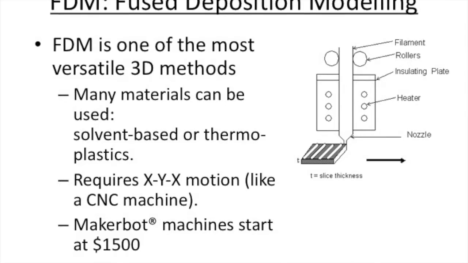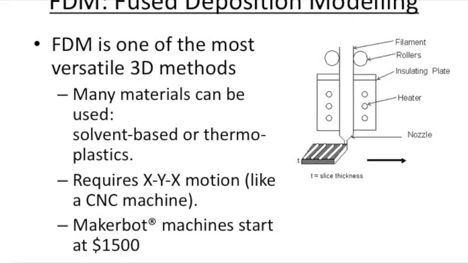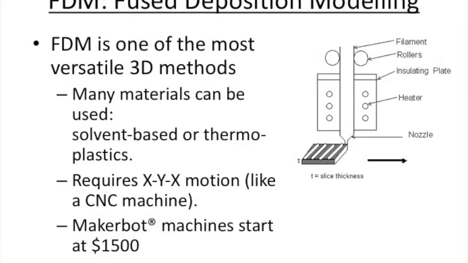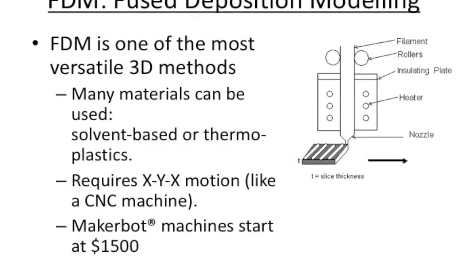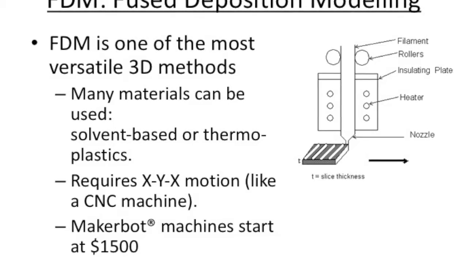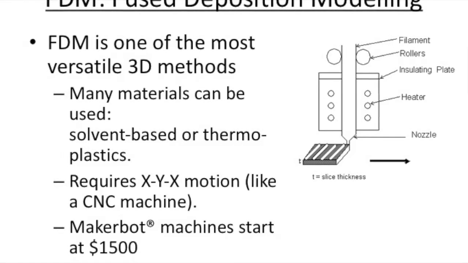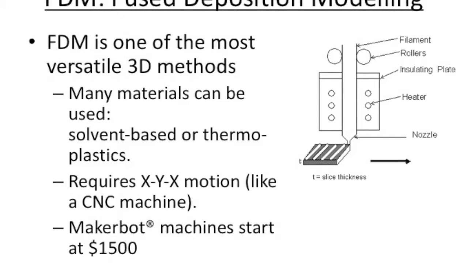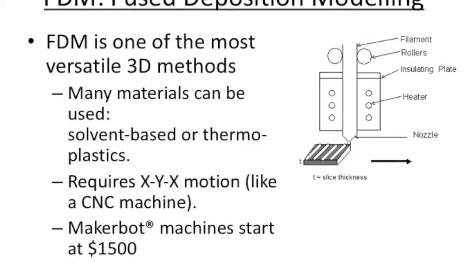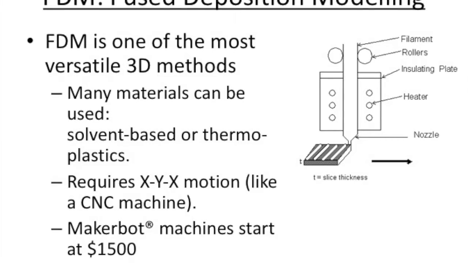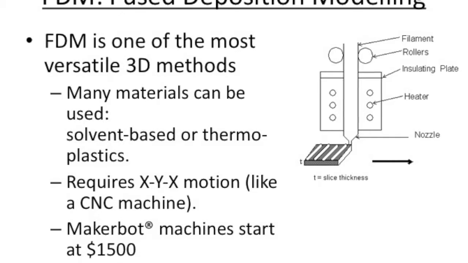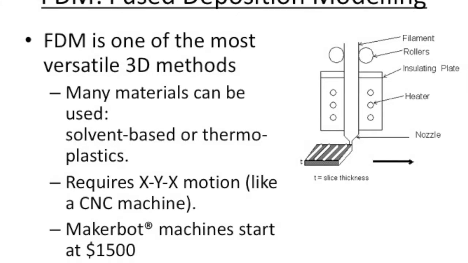FDM also requires a motor to help it move in the X, Y, and Z directions. And MakerBot makes machines that use the FDM modeling technology that basically start around $1,500. And these are ideally for the small type of printers.